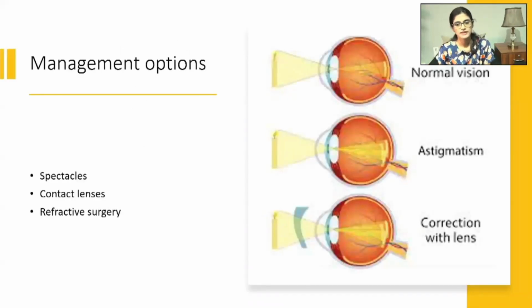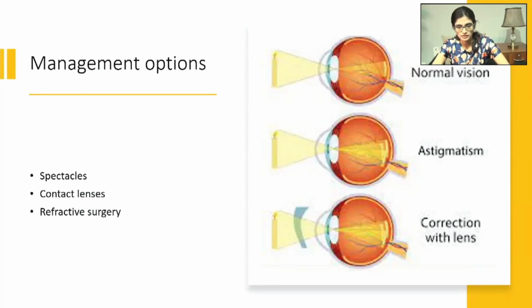For regular astigmatism, the management options are spectacles, contact lenses, and refractive surgery. For irregular astigmatism, you can also correct to some extent with spectacles, but it might not give the best corrected visual acuity of 6/6. Contact lenses, on the other hand, can correct astigmatism better than spectacles, because they sit on the cornea and change the corneal surface right at the site.